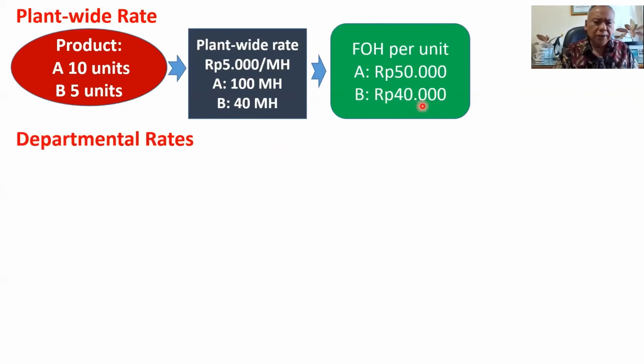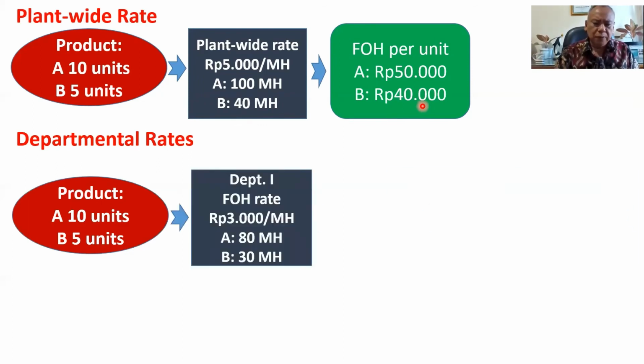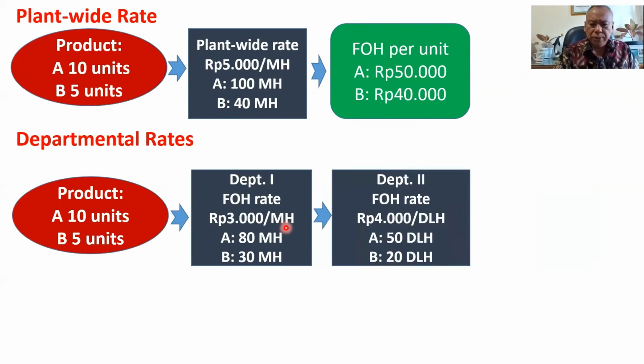And then if you are using departmental rates, actually we have the same case. We produce product A, 10 units, and B, 5 units. But in this case, we process in department 1, and we have a factory overhead rate in department 1 of 3,000 per machine hour. And then we also produce in department 2.